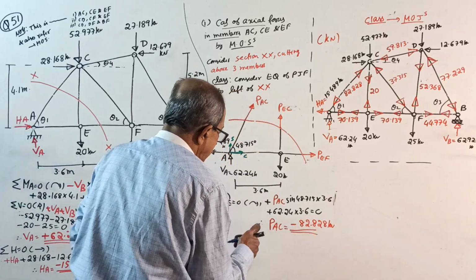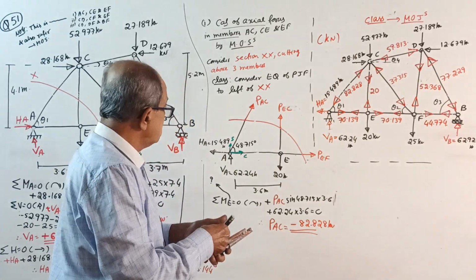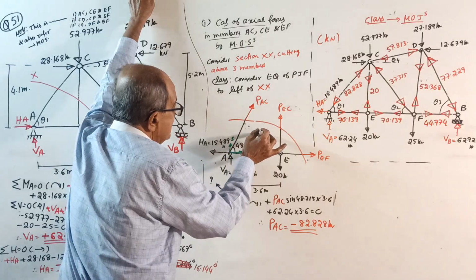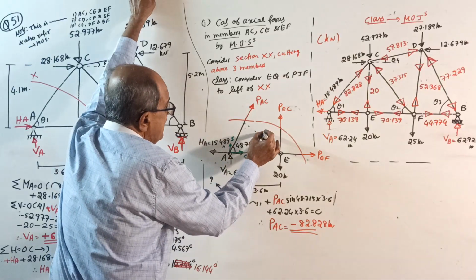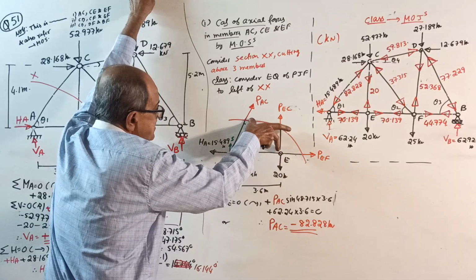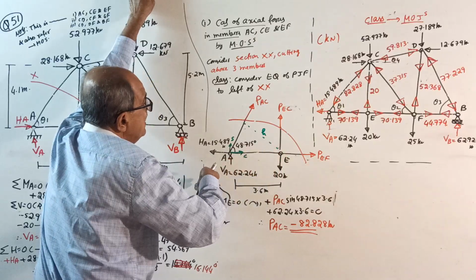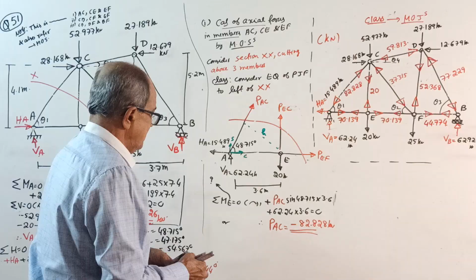Or those who are stronger in mathematics, you drop a perpendicular here. This angle is known, so you get the perpendicular h: sine 48.715 equal to h divided by 3.6. Then when you take moment, PAC into h, the same answer will come. Okay.